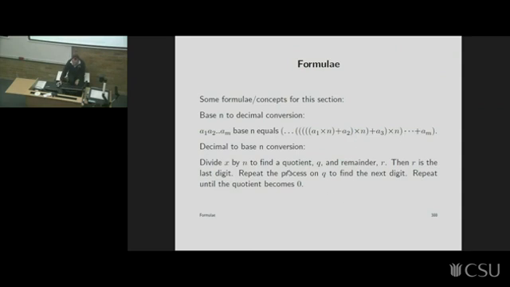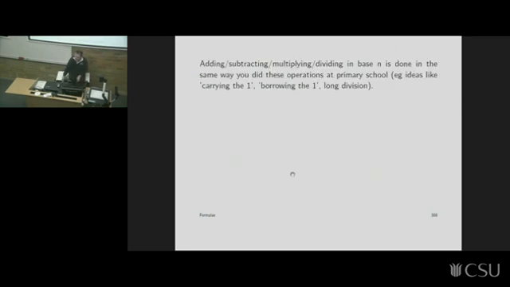And so we did different ways of converting to and from different bases to decimal. We looked at adding in different bases, which is pretty much using the algorithms you did back in primary school for column addition, column subtraction, long division, column multiplication, that sort of stuff, but just applying it to different bases.